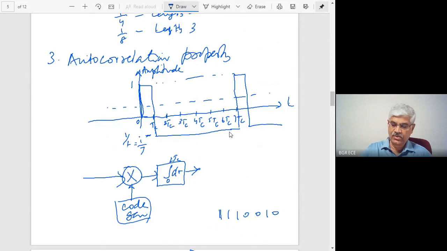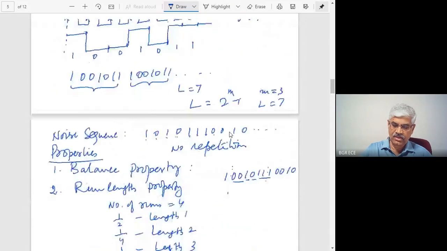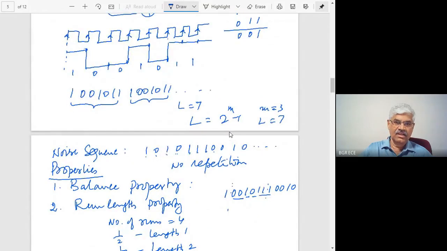So the PN sequence, a very simple, innocent looking sequence, satisfies the balance property, the run length property, and the autocorrelation property. Whenever it exactly matches, it will give a maximum output. Otherwise, the output will always be 0 because it is not repeating.